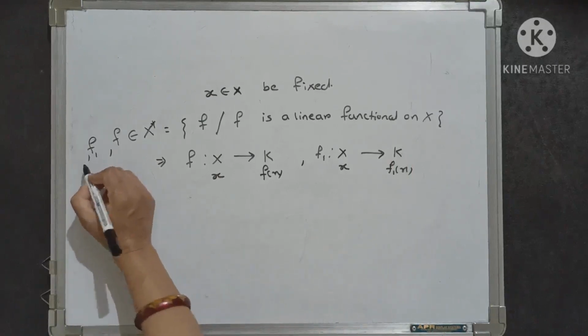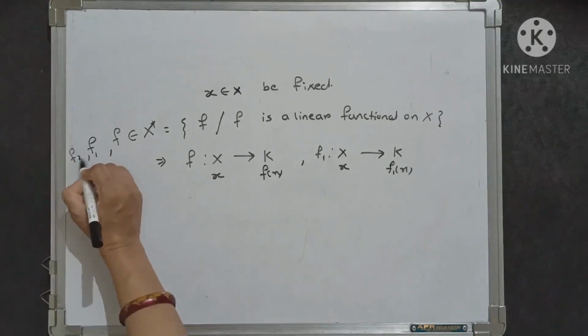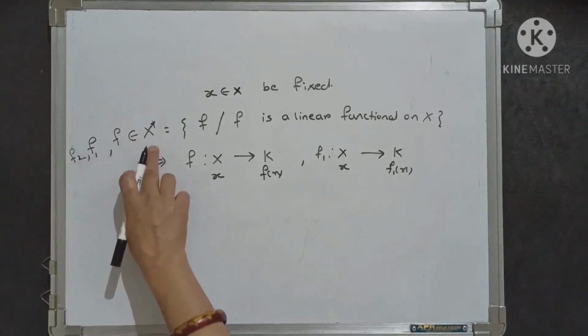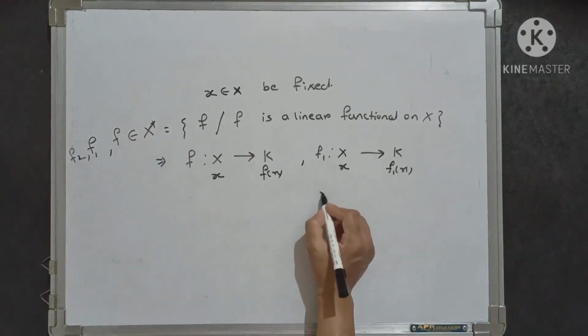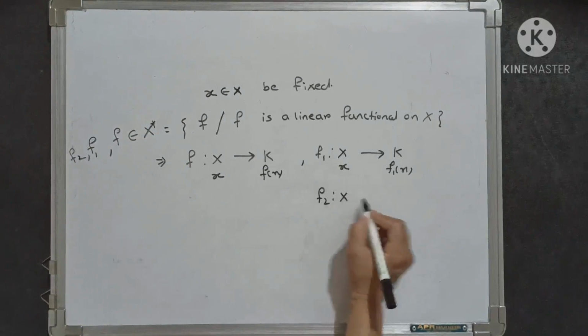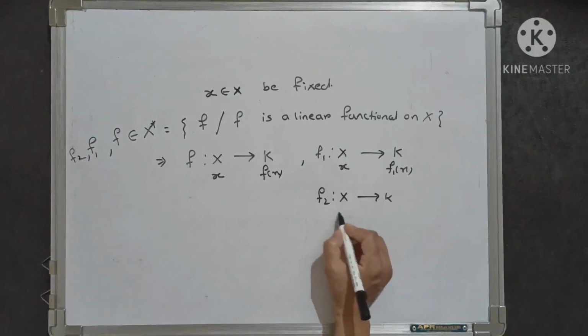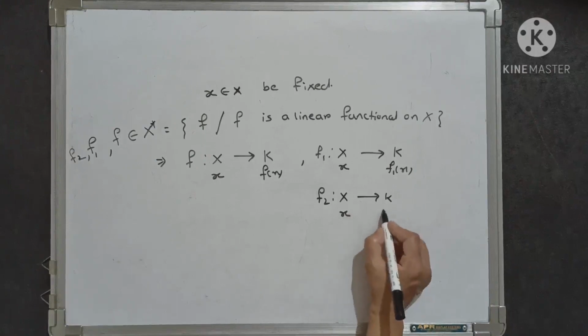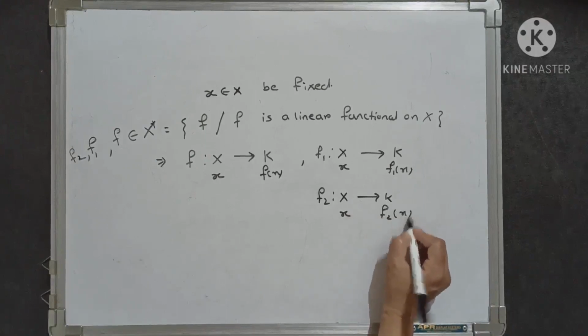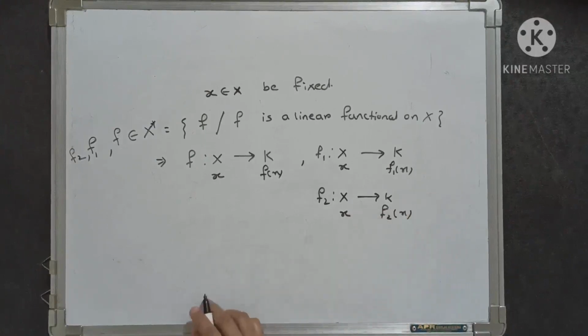After that we take another element f2, which is also an element of x star. Then again this f2 is a mapping from x to k. Again f2 is applying on this x, and we are getting the image f2 of x, which is again a scalar.